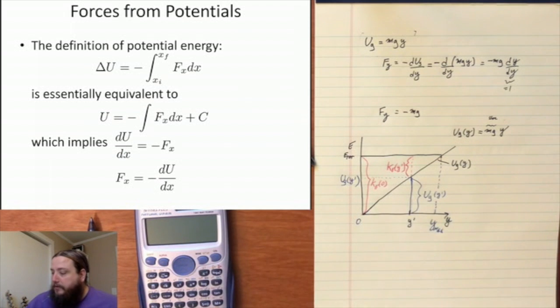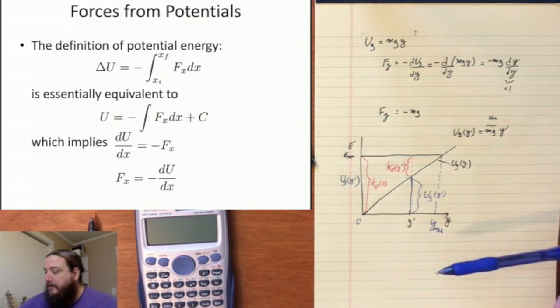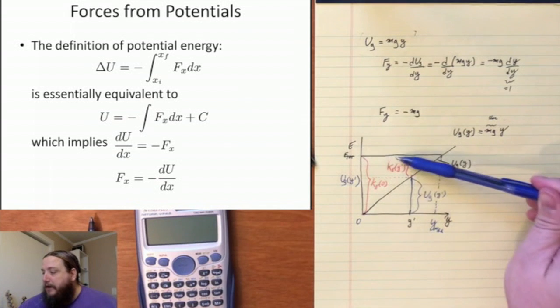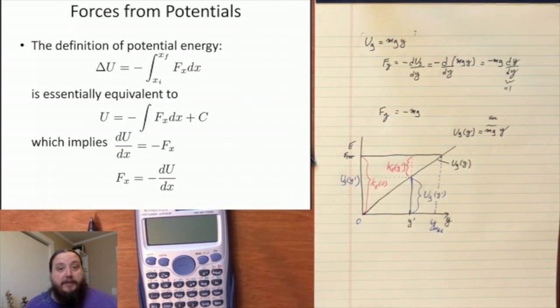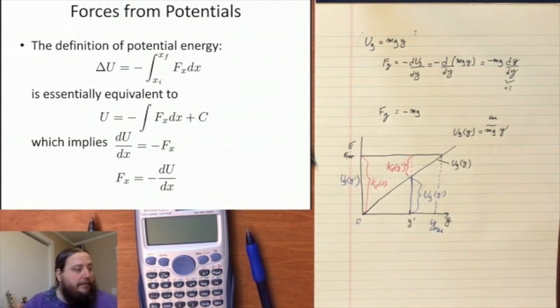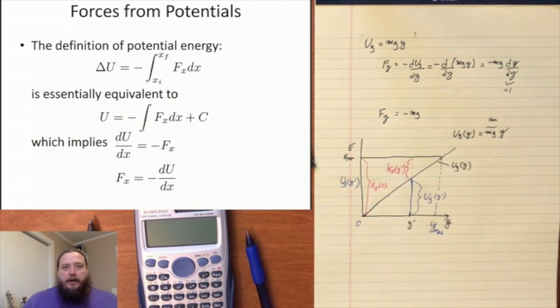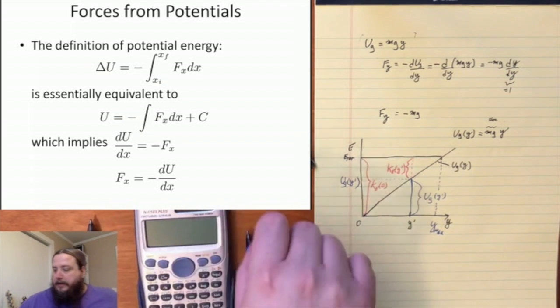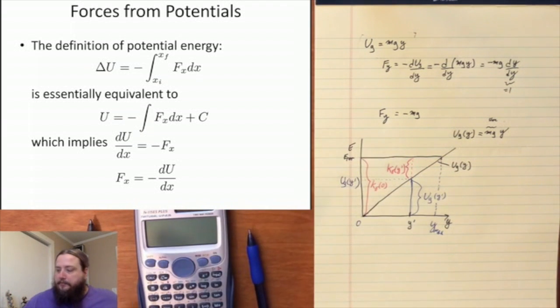And somewhere in the middle, we have a mixture of kinetic energy and gravitational energy, but they always add up to the same value. And so this is a way of thinking about these potential energies in a slightly different context, from a slightly different point of view. All right, well, let's move on now and do some more examples.